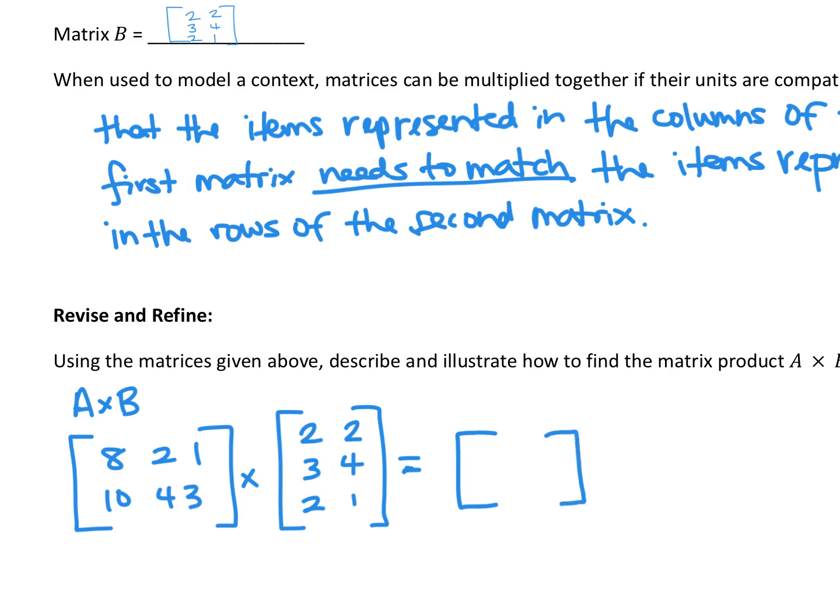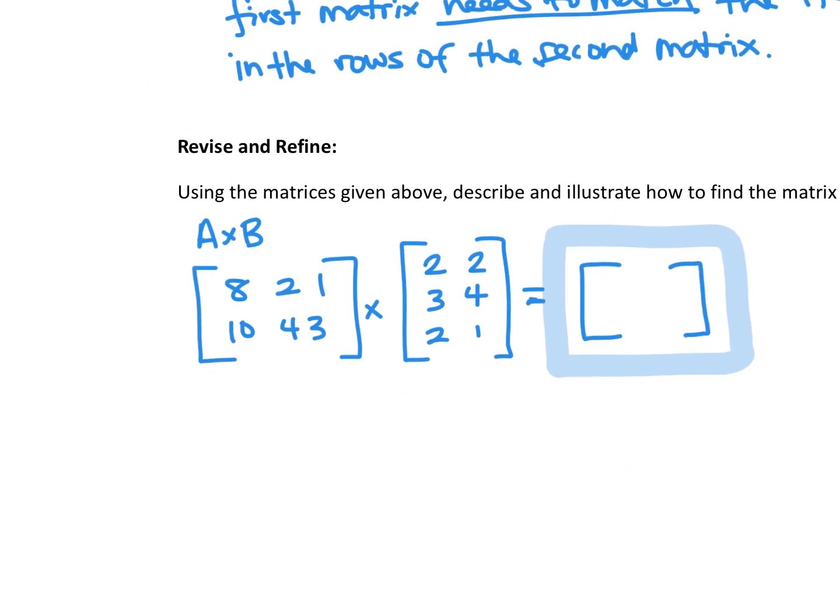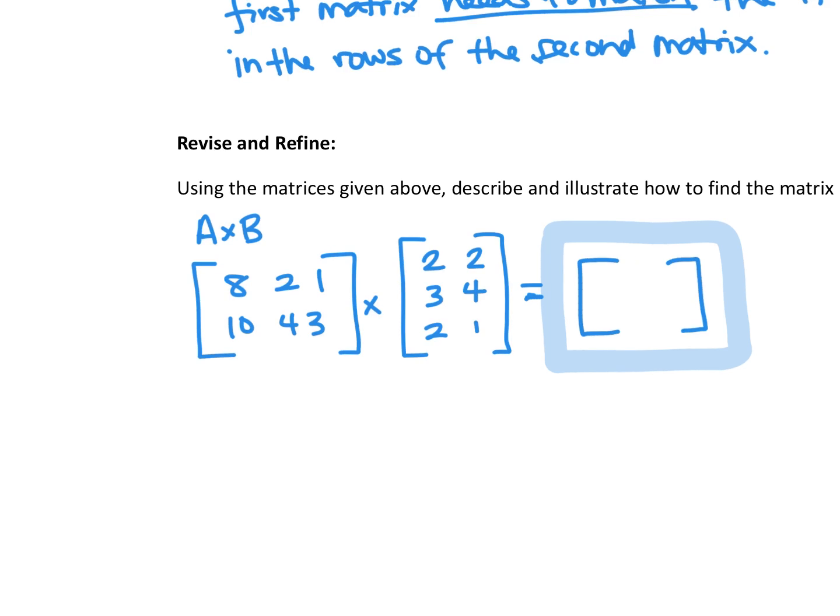So we're going to end up with something over here. Okay, and let's show our calculations down below. That way you have them in your notes on how to find each element in the final matrix. So we end up with a matrix that looks like this.